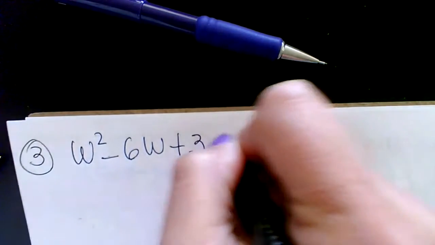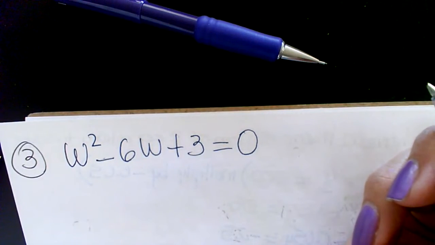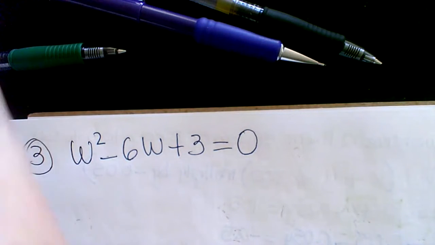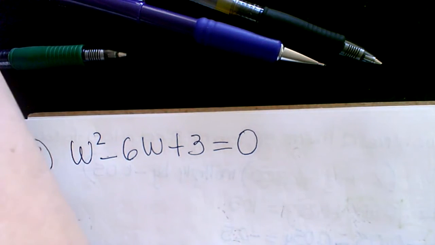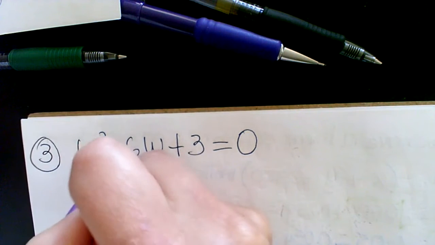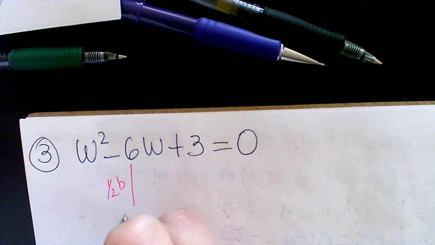Now, number 3 says w squared minus 6w plus 3 equals 0. Now, we have, what's half of b?